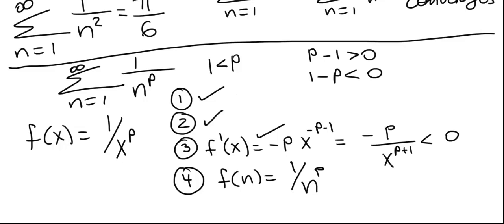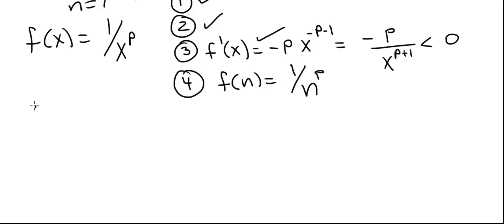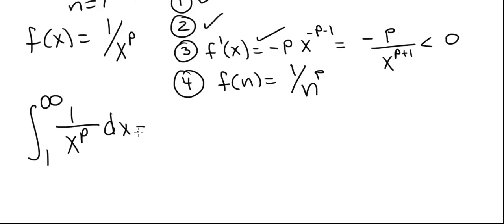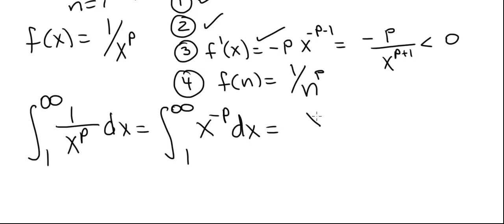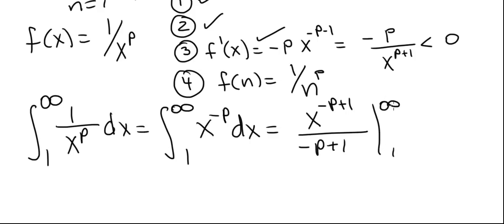So once again, we can apply the integral test, and we have to evaluate the improper integral from 1 to infinity of 1 divided by x to the p dx. So this is the integral from 1 to infinity of x to the minus p dx, and this is x to the minus p plus 1 divided by minus p plus 1, evaluated from 1 to infinity. Let's rewrite this as x to the 1 minus p divided by 1 minus p, evaluated from 1 to infinity.